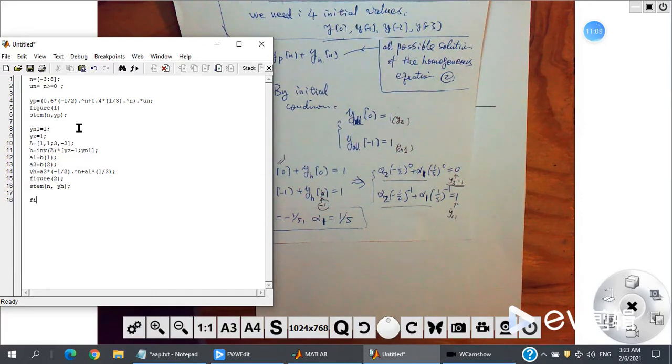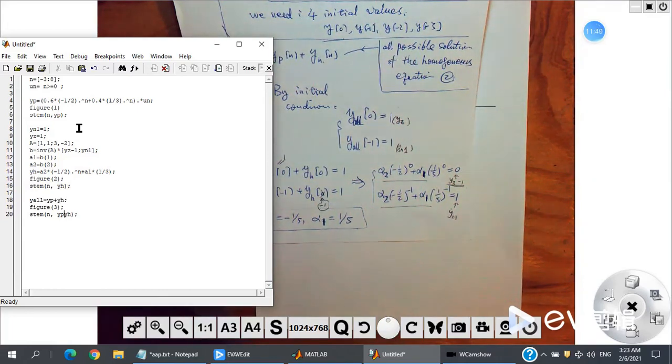So that is figure 3. Figure 3, stem N, and here just YP plus YH. I can just use this, or maybe I define YR, which is YP plus Y homogeneous, particular plus homogeneous.